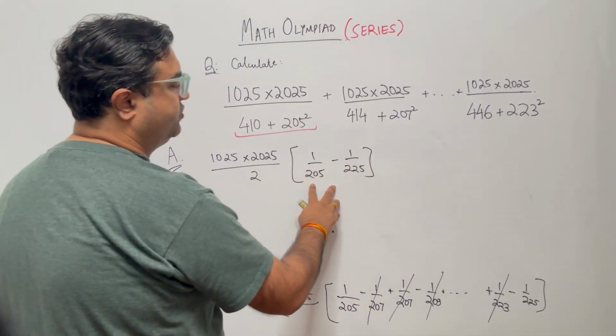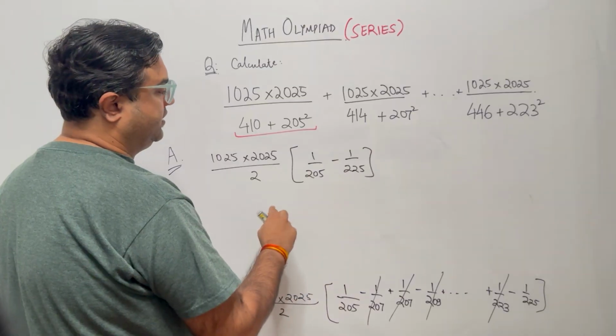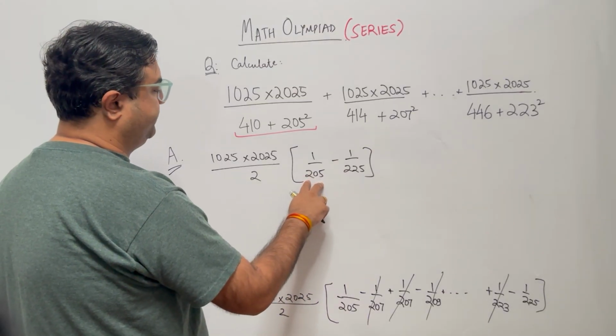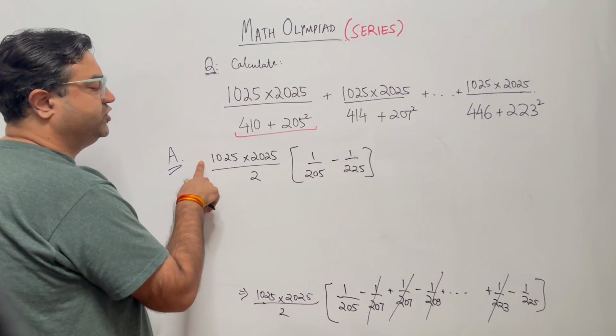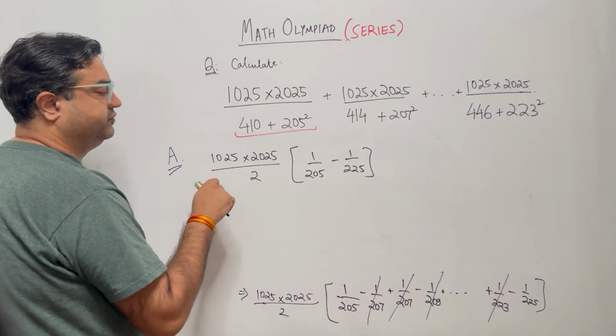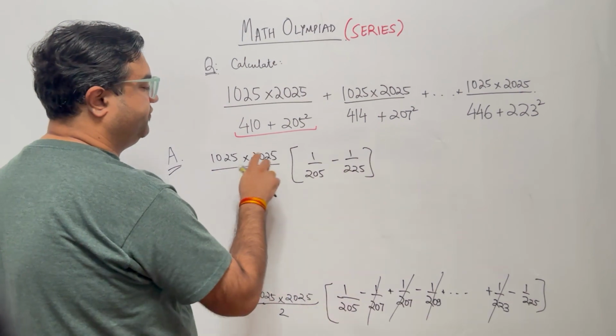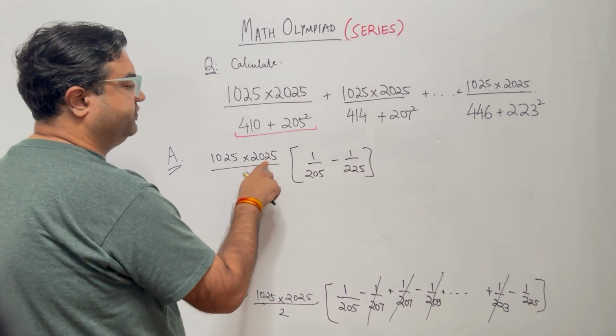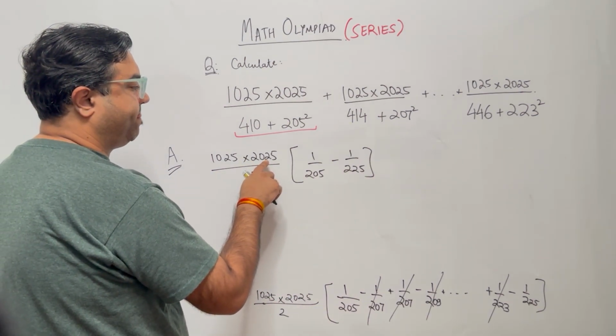So now what we can do is we see that 205 will divide 1025 5 times, and 225 will divide 2025 9 times.